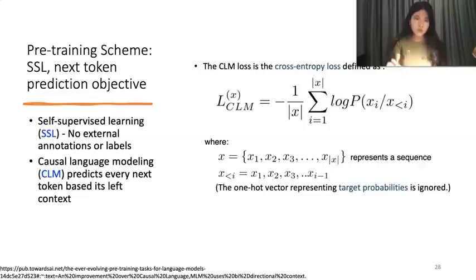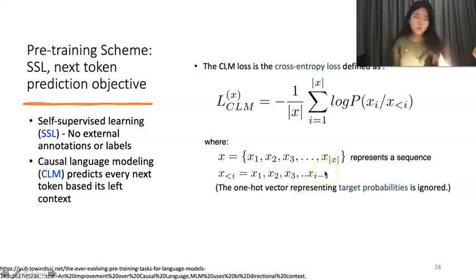So you use words in your sentence itself to serve as your target, to supervise you during the causal language modeling training. So this next token prediction objective, or namely the CLM loss, is the cross entropy loss defined by the sum of log probability of this.